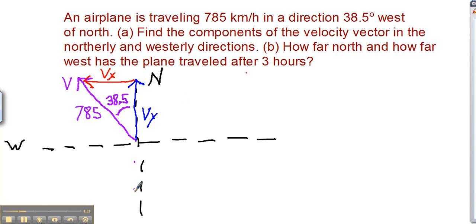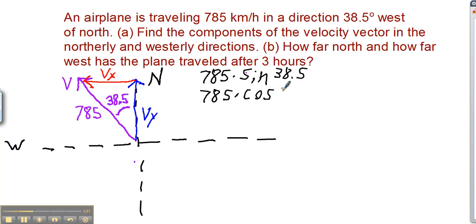In order to do that, you're going to need a little bit of trig. There are only two trig functions you can choose from. So we'll try 785 times sine of 38.5, and 785 times cosine of 38.5.